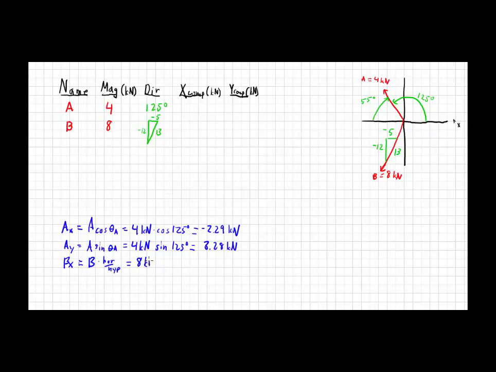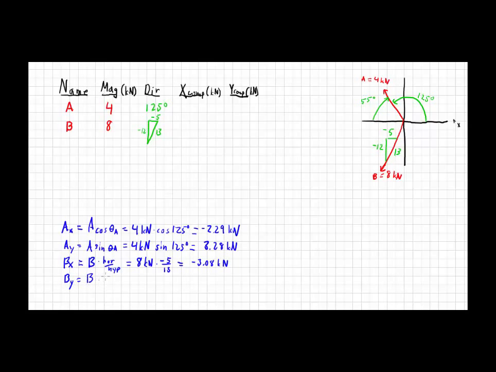B is 8 kilonewtons times -5 over 13, which brings us -3.08 kilonewtons.